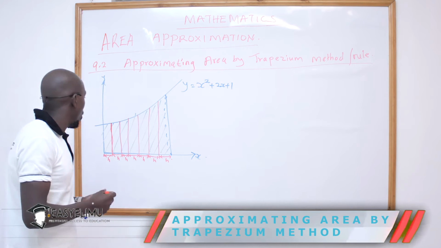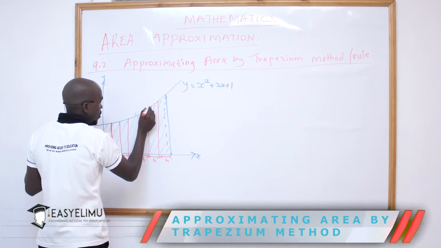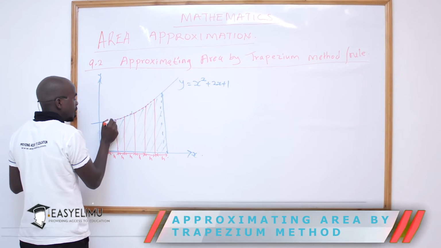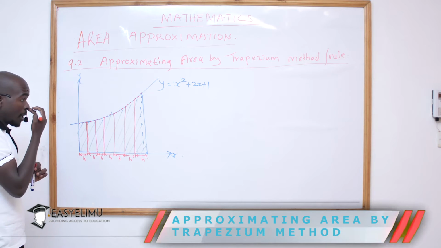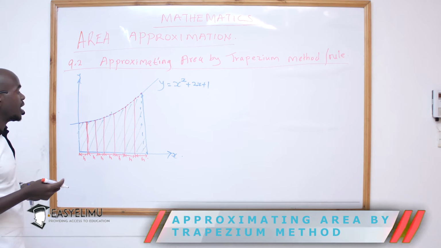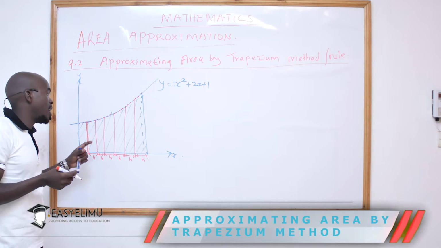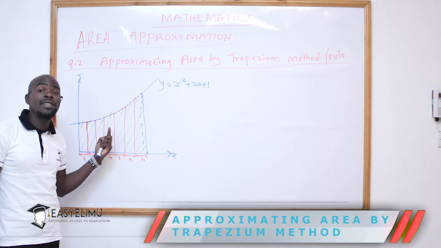As we know, if we divide this one into a trapezium, for example that one to be our trapezium, we assume it is a perfect trapezium. According to my curve it gives almost a perfect trapezium, but sometimes it may be in a zigzag way, but we still divide it this way.